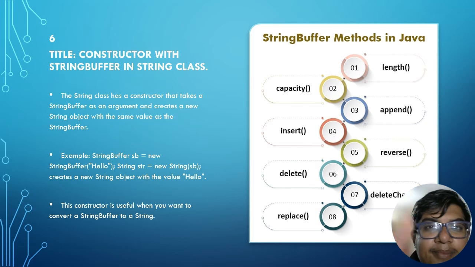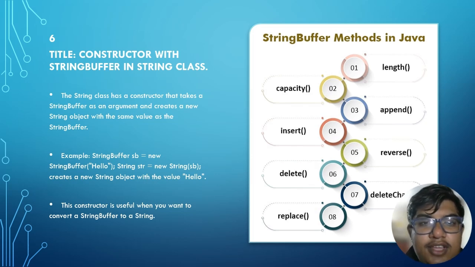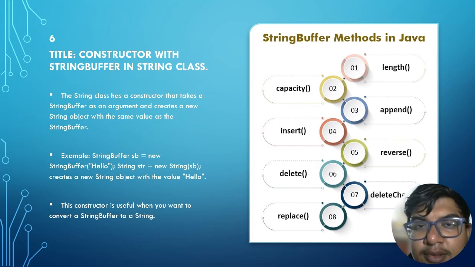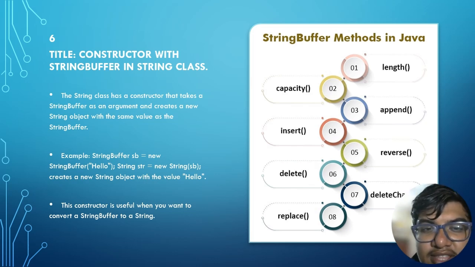Since I said string buffers are mutable, here you can see the different operations that are possible on it. You can do length, capacity, append, insert, reverse, delete, and then replace, which in normal strings will not be possible. So yeah, let's see the next one.